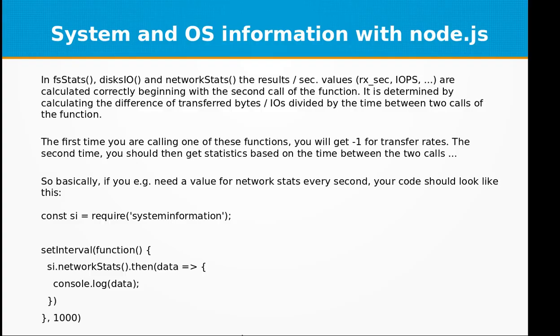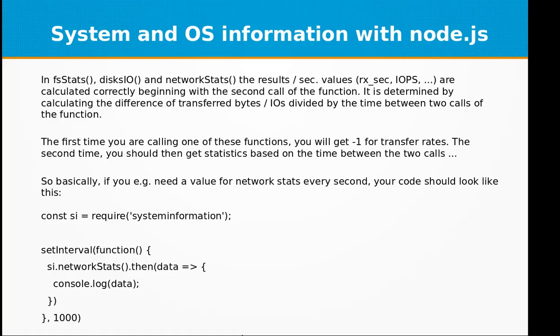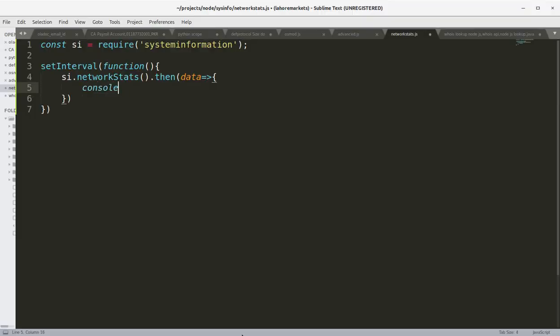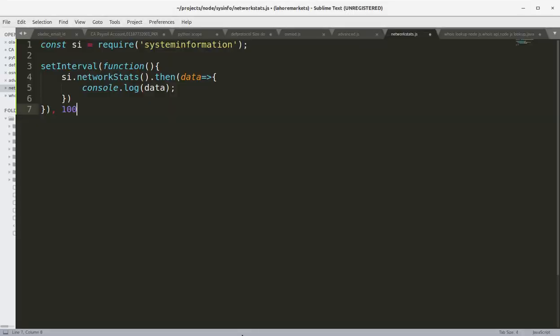This is the JavaScript function to run after a particular amount of time. si.networkStats, then on receiving the data we are going to console.log the data being received by the network stats, and we are going to refresh this every 1 second. So we'll go here, okay, and that's it.